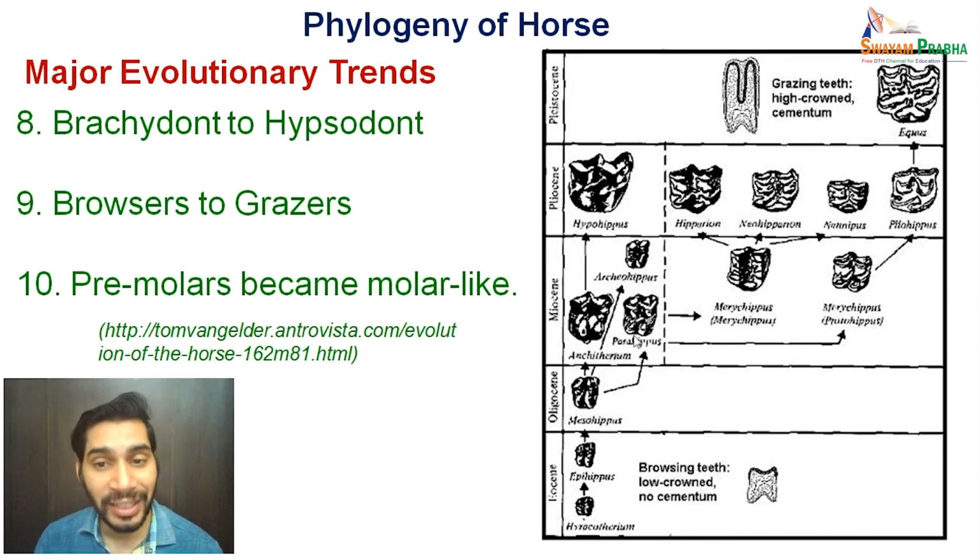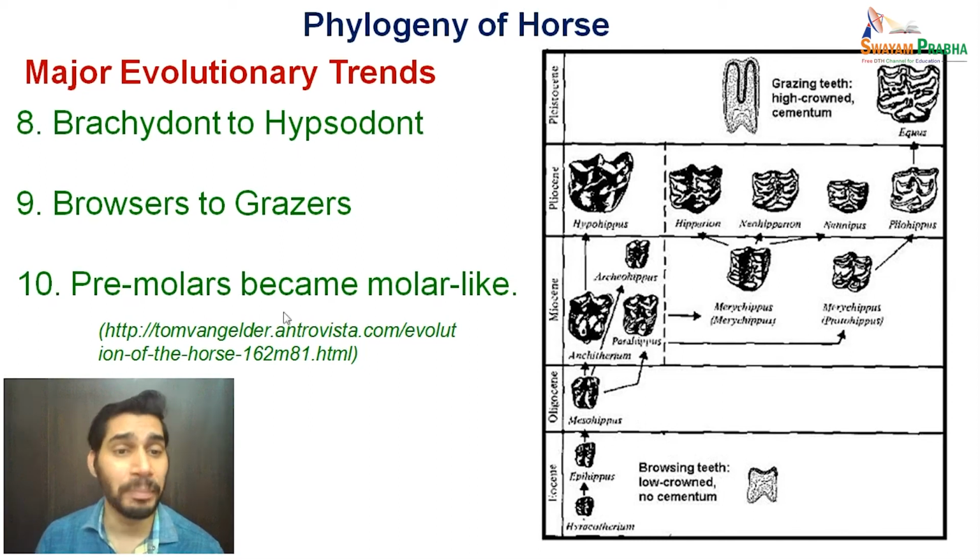So the dentition has also undergone evolution from this brachydont mode to the currently available hypsodont dentition, and it is associated with feeding habits as well. These were well adapted for browsing, and this is best adapted for the grazing type of teeth.